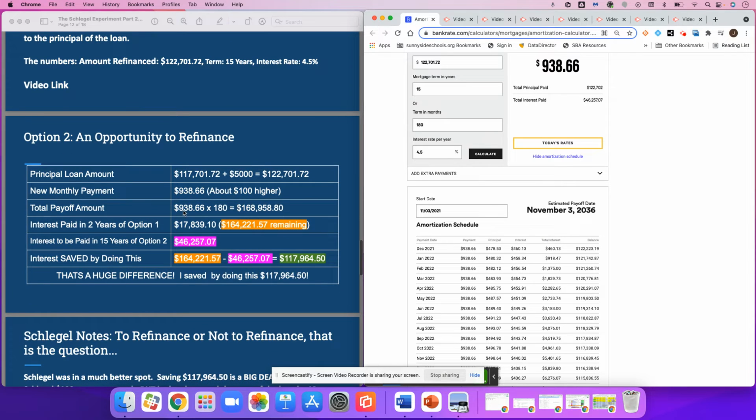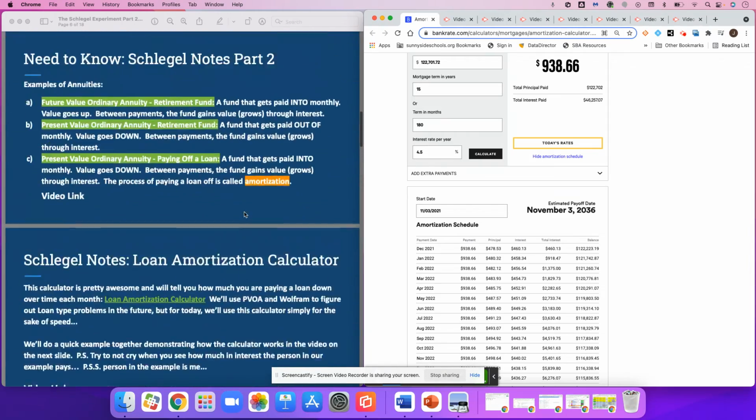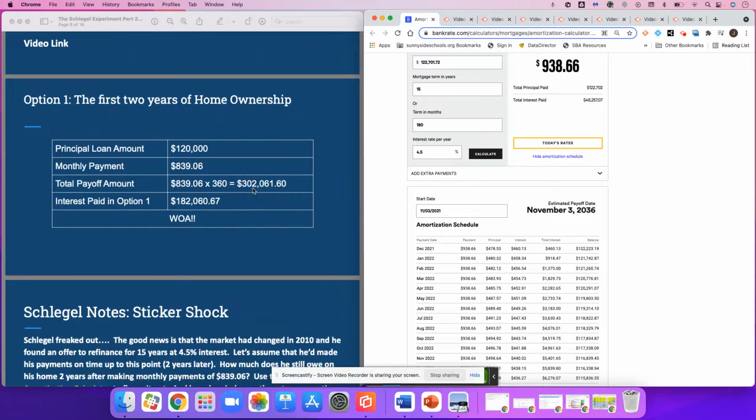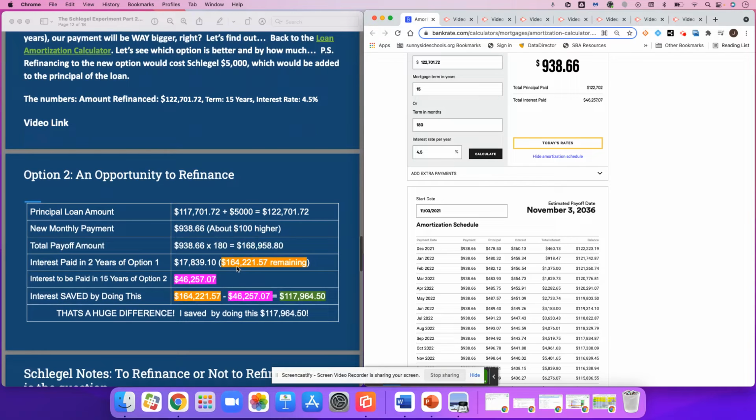And so if I multiply that $938 by 180, and again, it's 180 because it's only 15 years this time, it's not 360 because it's not 30 years, I can see the total payoff for my house is $168,000, almost $167,000. That is a gigantic difference from my total payoff up here of $302,000. So the difference between $302,000 and $164,000 is a lot.